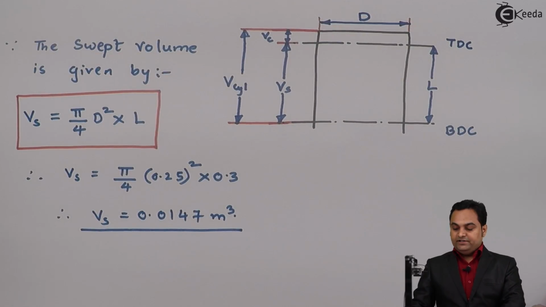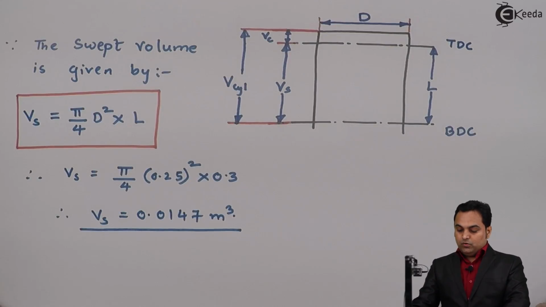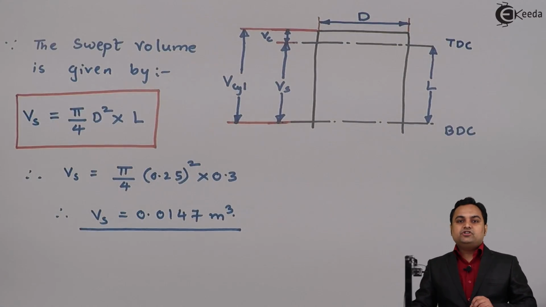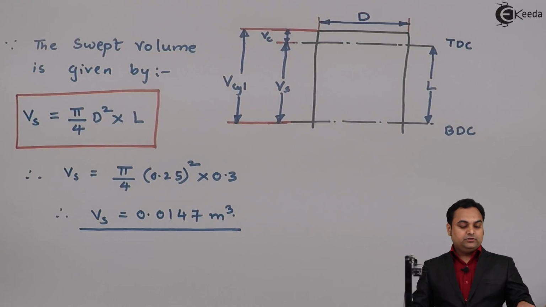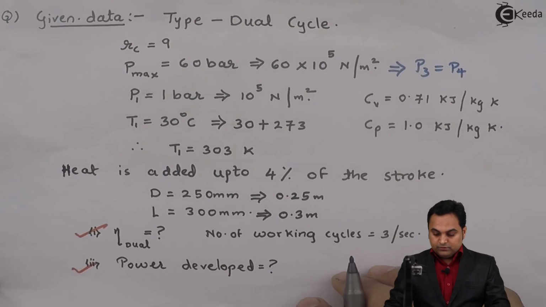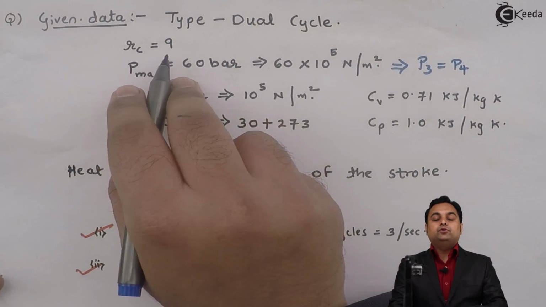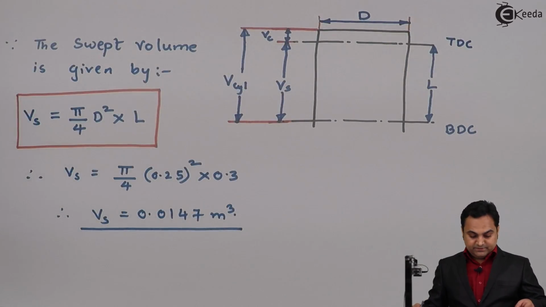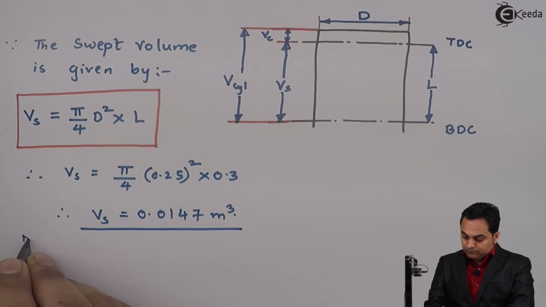Next, after getting the swept volume, as the compression ratio is given in the problem, and that compression ratio is equal to 9, I am going to utilize this.